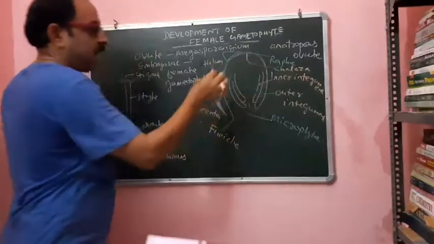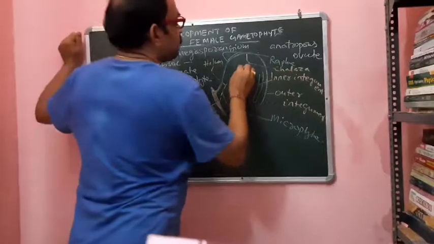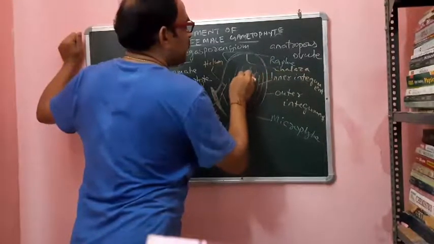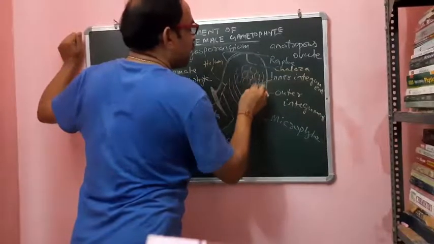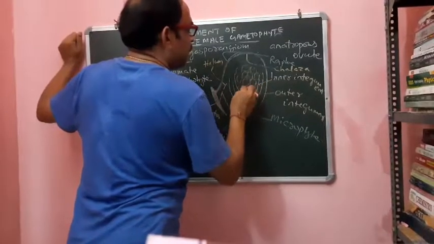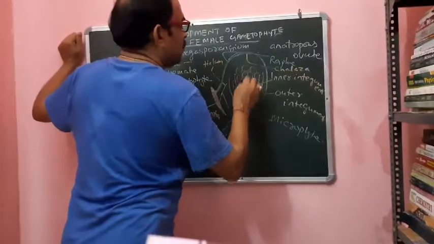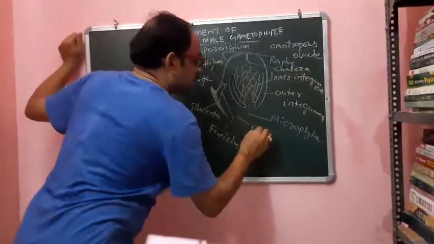Inside the body part, a mass of diploid parenchymatous cells is present. That is called nucellus.